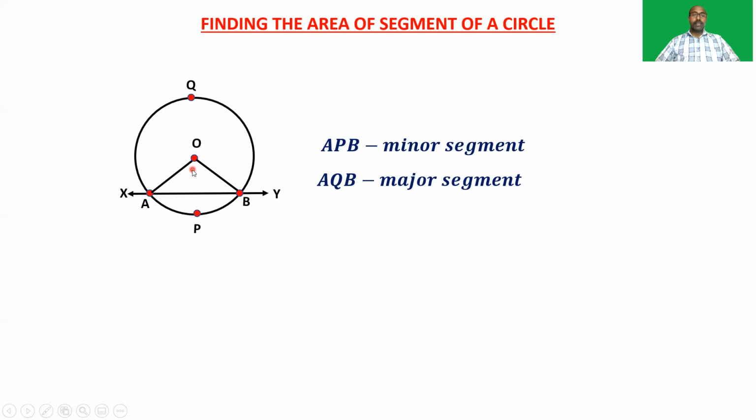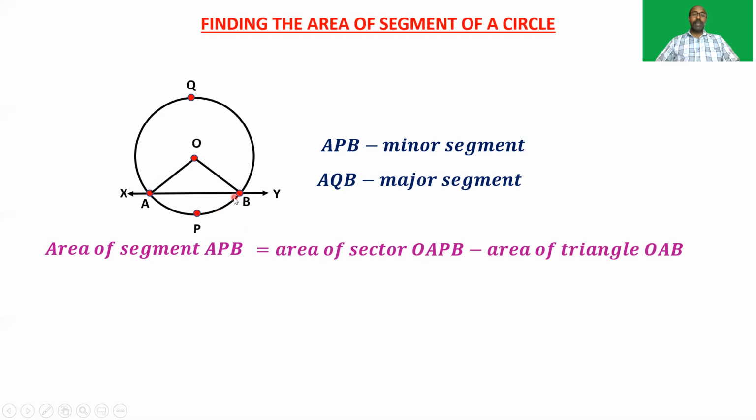This triangle and this minor segment together form the sector. So the area of the segment APB is the difference of the area of the sector OAPB and the area of the triangle OAB, isn't it? So the area of segment APB is equal to the area of the sector OAPB minus the area of the triangle OAB.